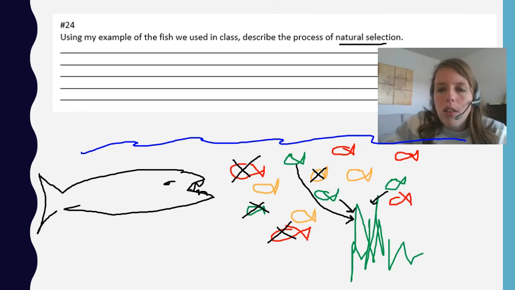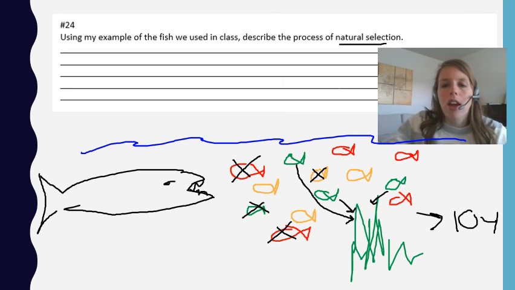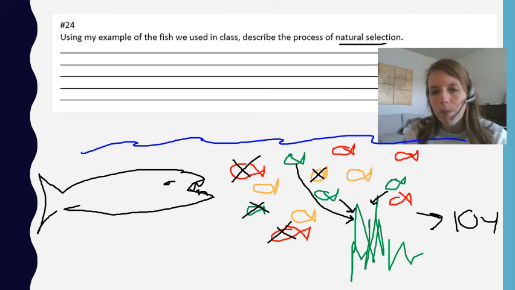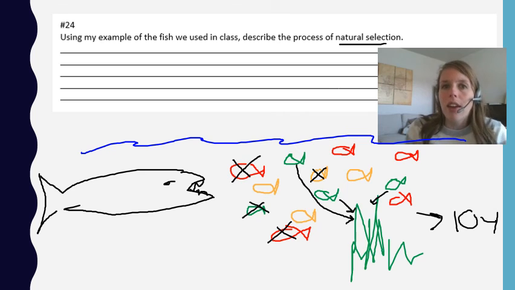If we looked at this species of fish maybe 10 years later, we might see that there are pretty much only green fish because the yellow and the red have slowly been taken out of the population because they don't have a great chance for survival. Now, it could be that the environment would change again.